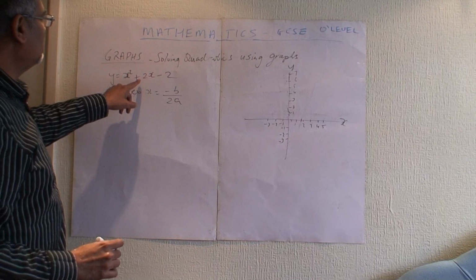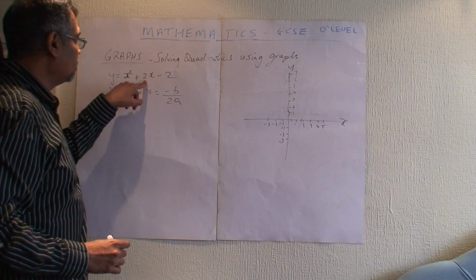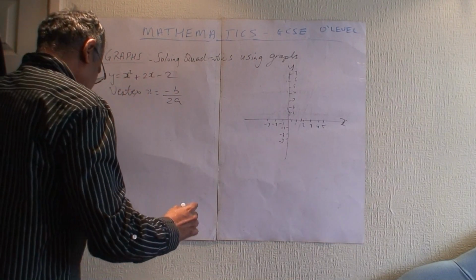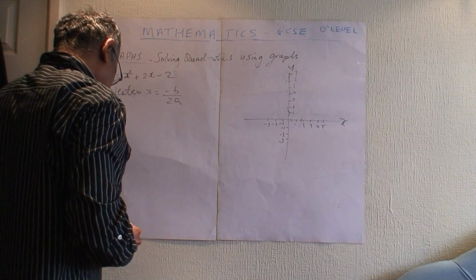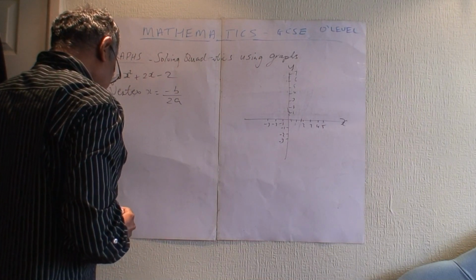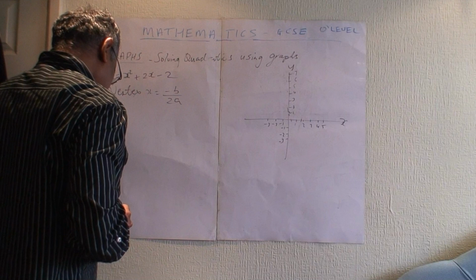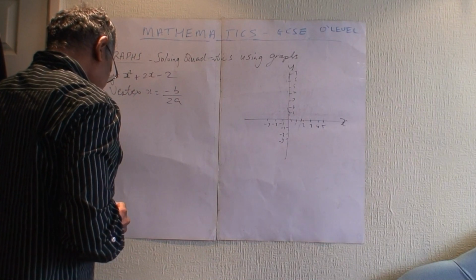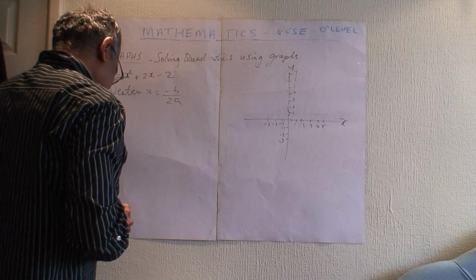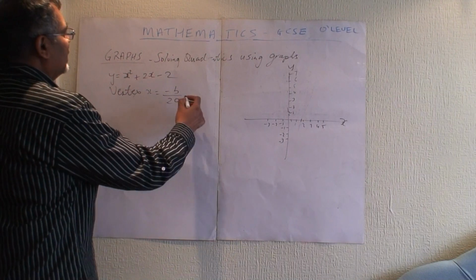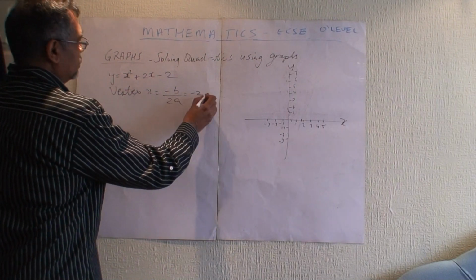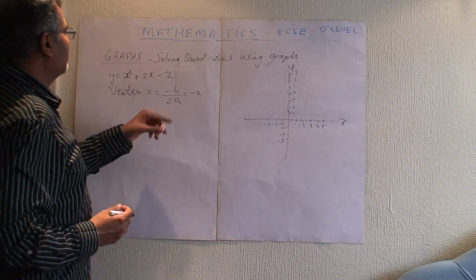Okay, so the minus b is the plus 2. That's the coefficient of this x. And that will be the minus 2. Okay, right?